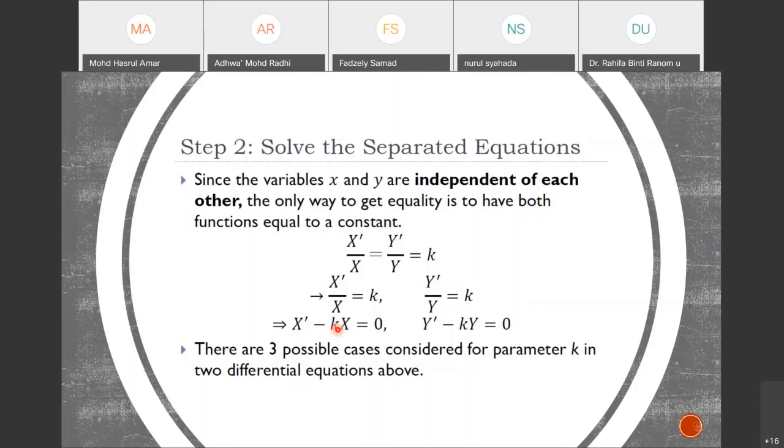Alright, so we have to consider all 3 possible cases in order to find the analytical solution of the PDE. So means that we're going to solve one by one. When k less than 0, what is the solution? When k equals to 0, what is the solution? When k greater than 0, what is the solution?